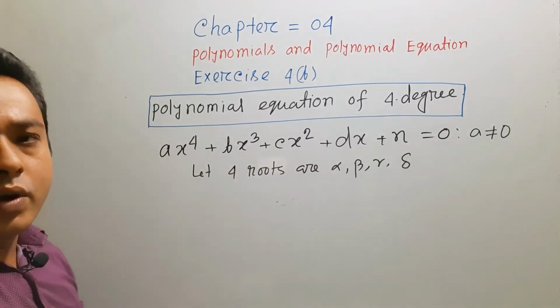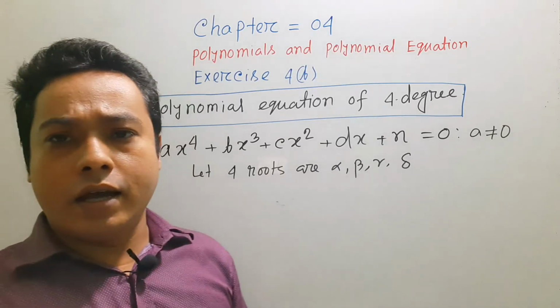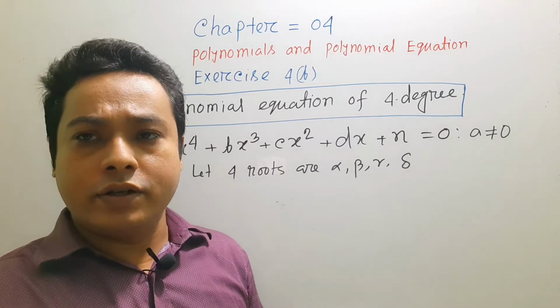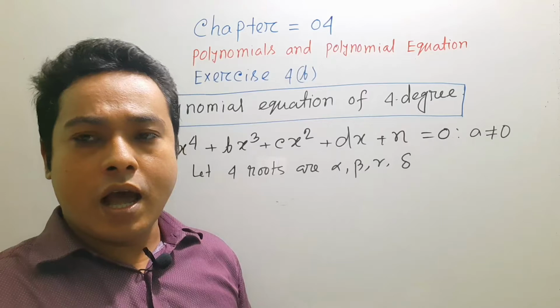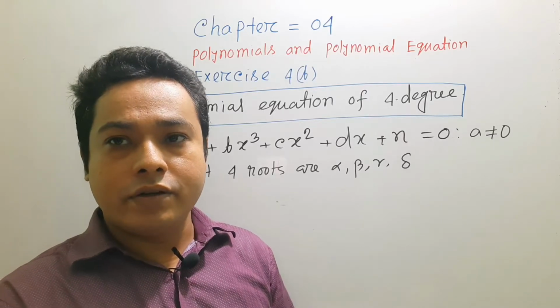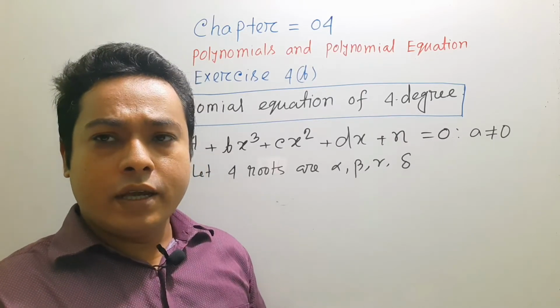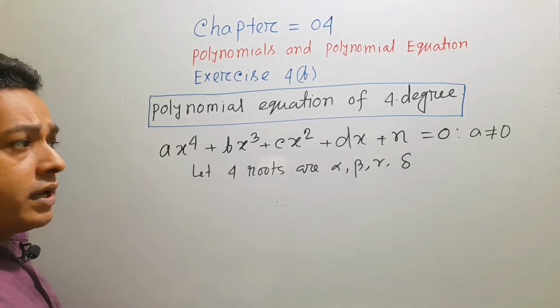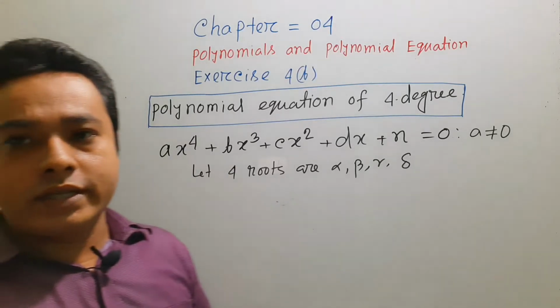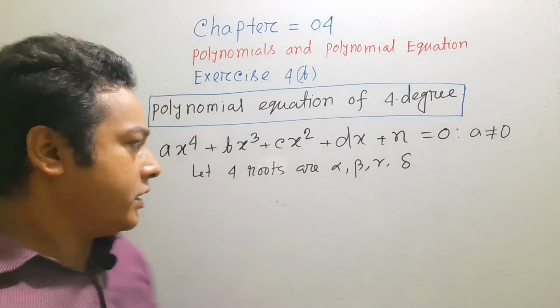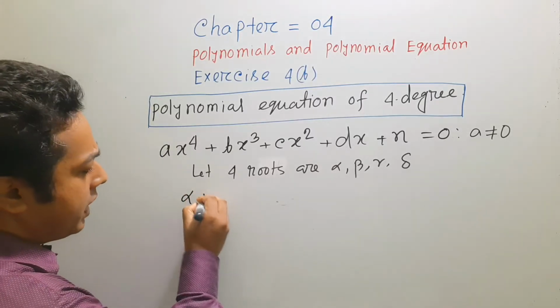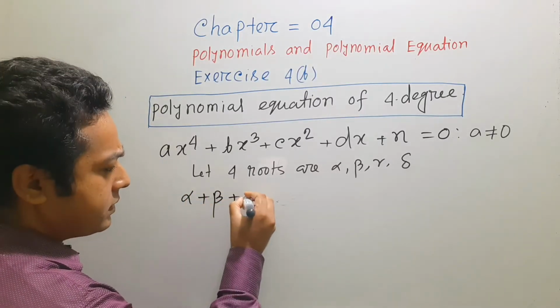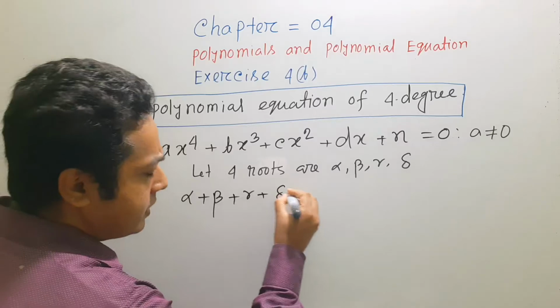Now we want to discuss the relation between roots and coefficients, how we can define it. So the summation of roots taking 1 will be alpha plus beta plus gamma plus delta.